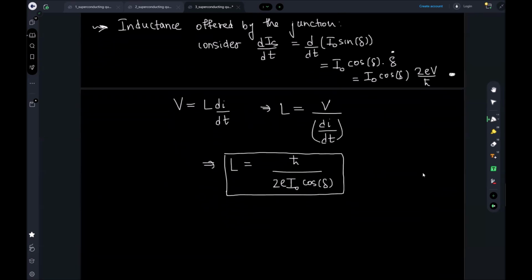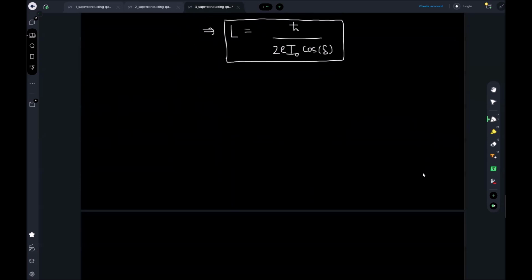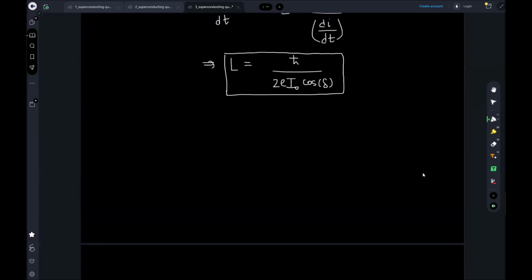Now, apart from the supercurrent, there can also be other contributions to the current of a Josephson junction. So, for example, there's a chance that Cooper pairs break up, which causes current to flow due to the flow of single electrons only.